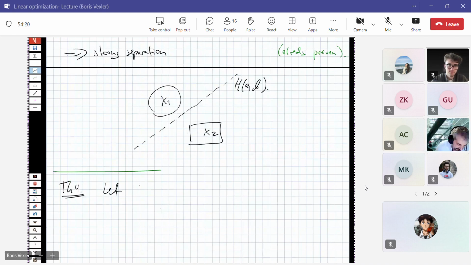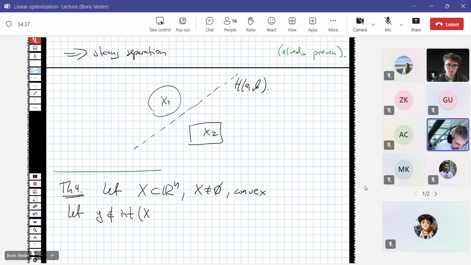Let X in R^n, X non-empty and convex, and let Y be not an element of the interior of X, then there is a separation hyperplane.